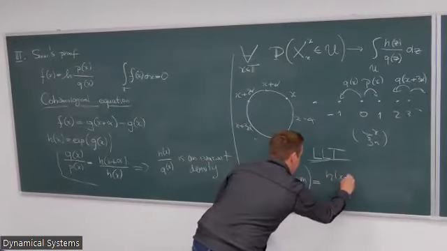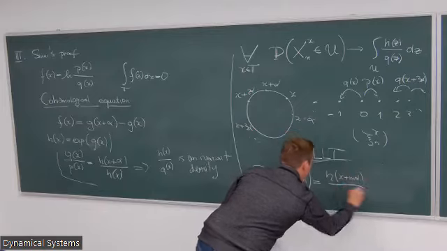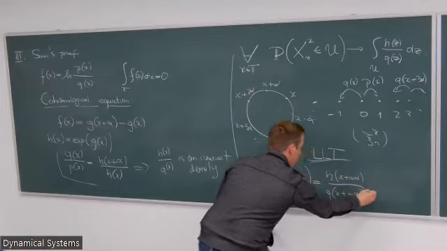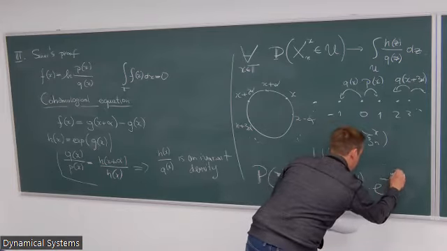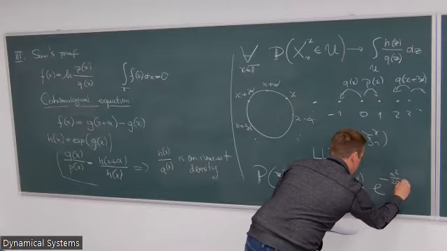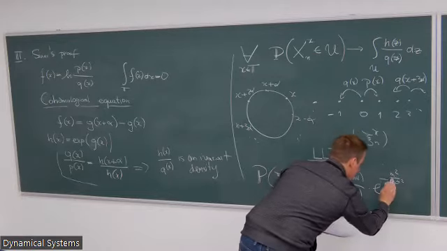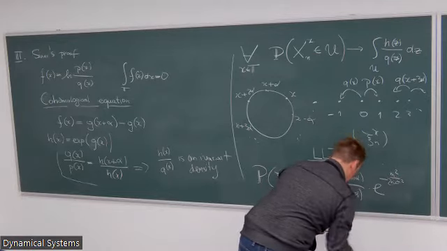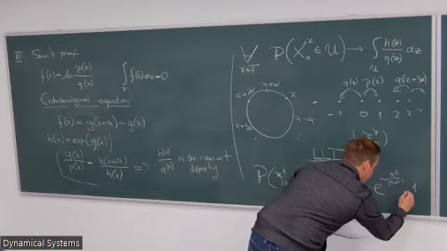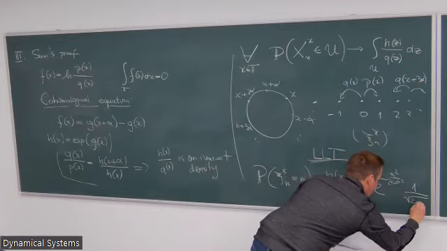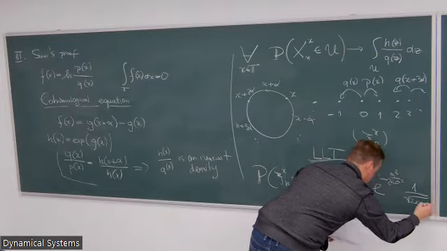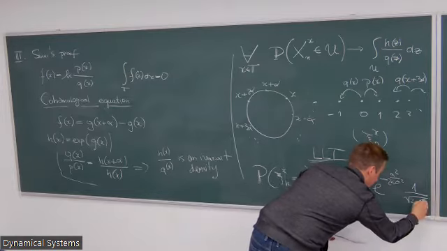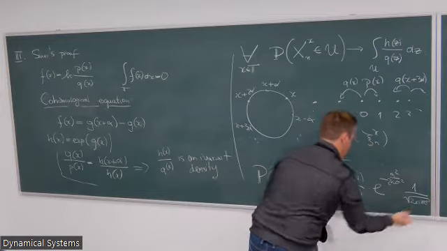h of x plus m alpha by q of x plus m alpha times e to the minus m squared over 2n sigma squared, times 1 over the square root of 2 pi n sigma squared, for some positive sigma.